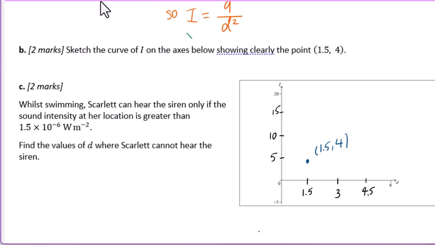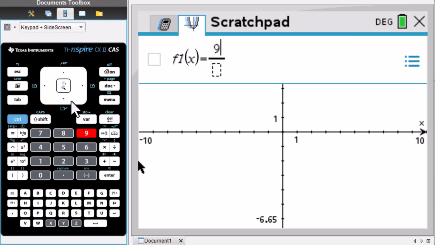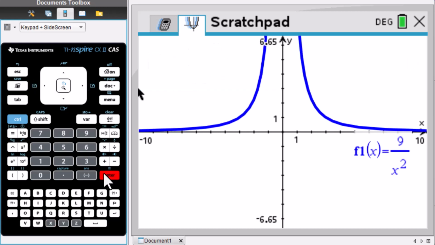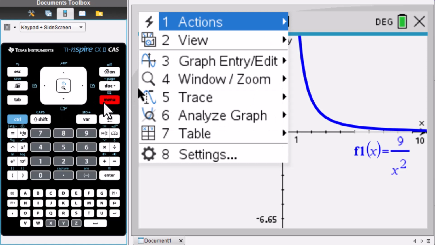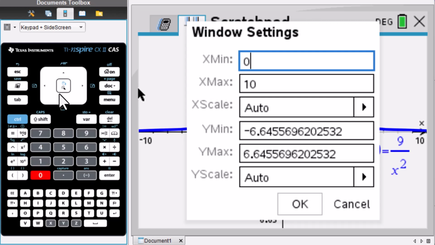We already figured out I equals 9 over d squared. Go to graph. Control divide. 9 over x squared. Make sure when you sketch the graph, you have to change the variable into x. Enter. Change the window. Menu 4. Enter. 0 to 6. We know scale is 1.5.